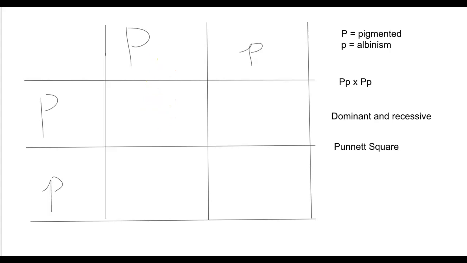So what you do when you actually cross these, we're looking at two heterozygous individuals who have an offspring.